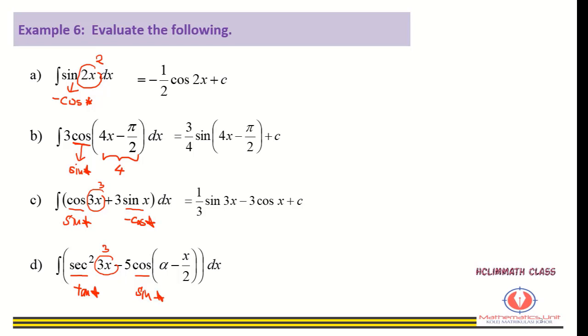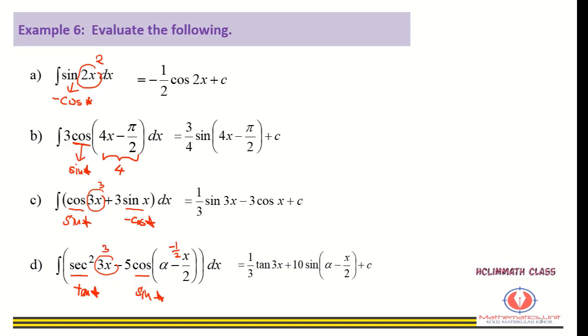When we differentiate this with respect to x, we get the minus 1 over 2 here. Therefore, for these cases, the integral of the secant square 3x, you get the tangent 3x over 3, plus the sine alpha minus x over 2 plus c.